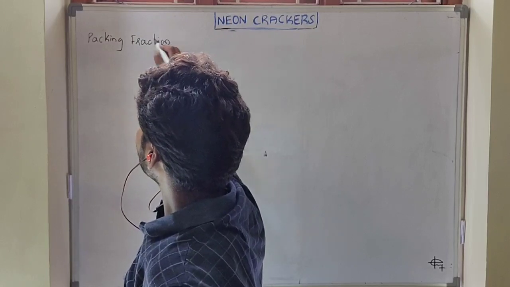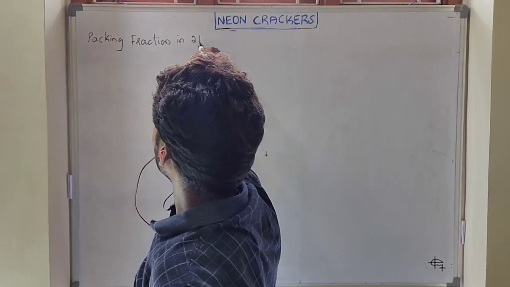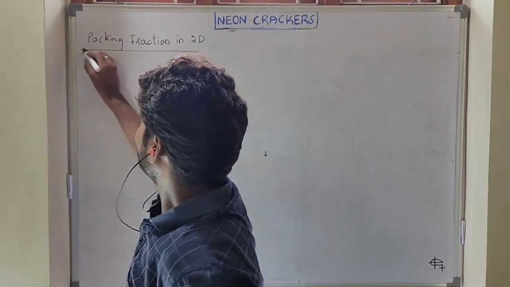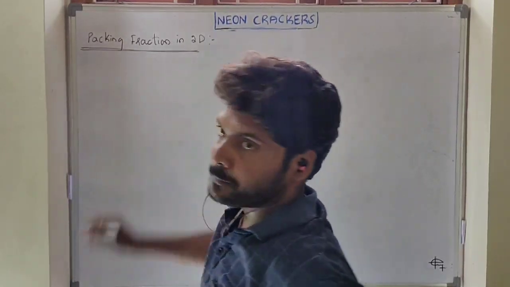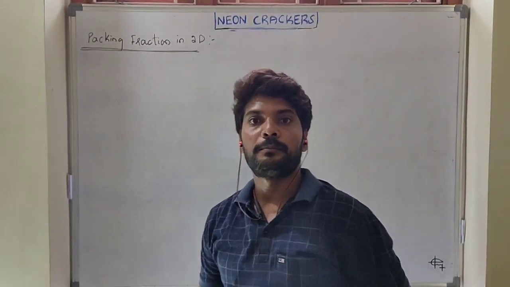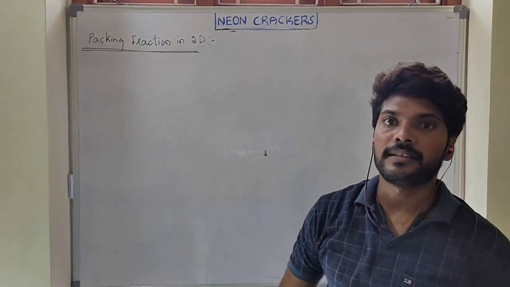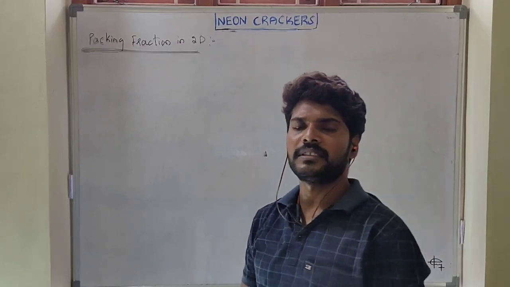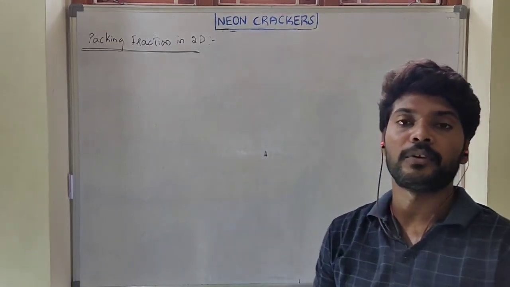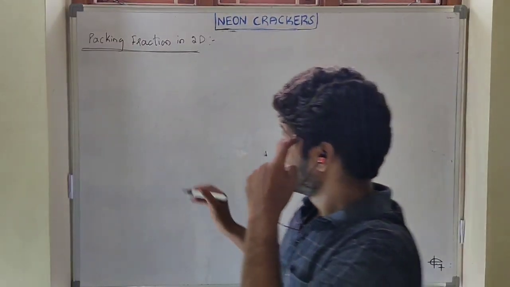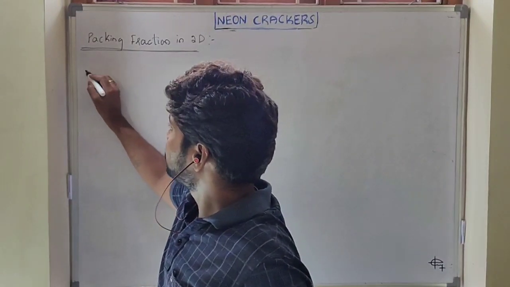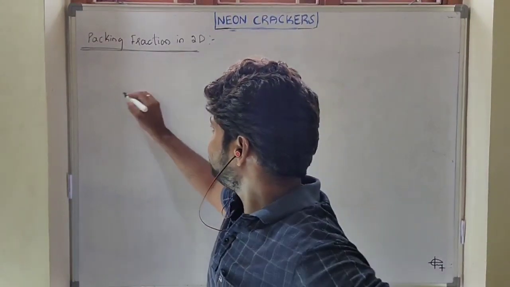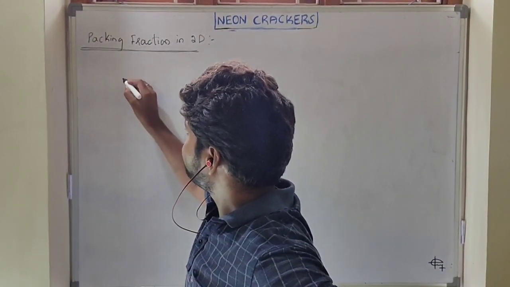In 3D, in the last video we discussed the packing fractions of simple cubic, body center and face center, which are 52%, 68% and 74% respectively, right? So let's say in 2D dimension, if you take a square plane.